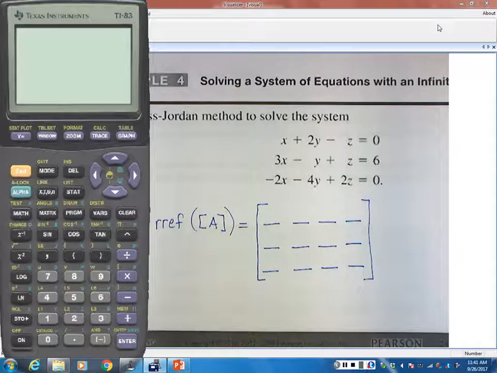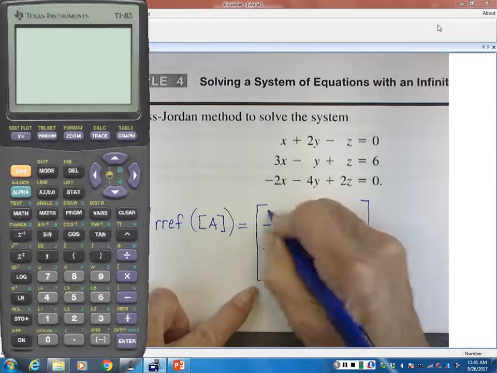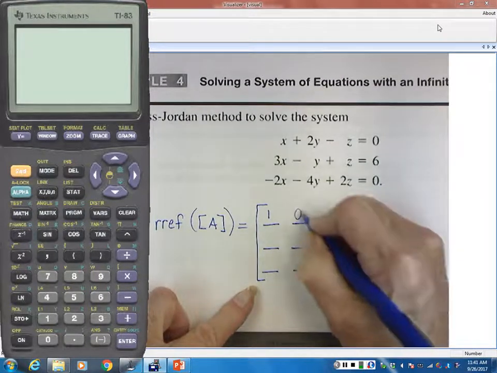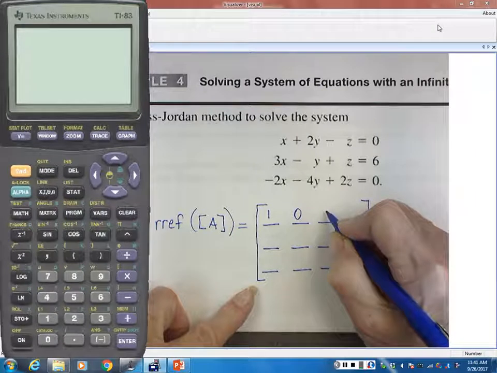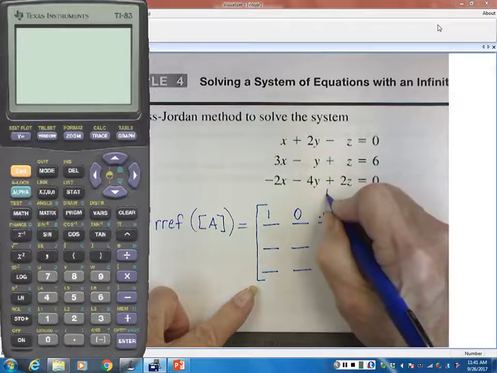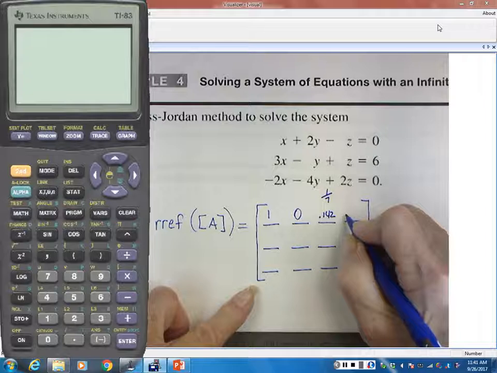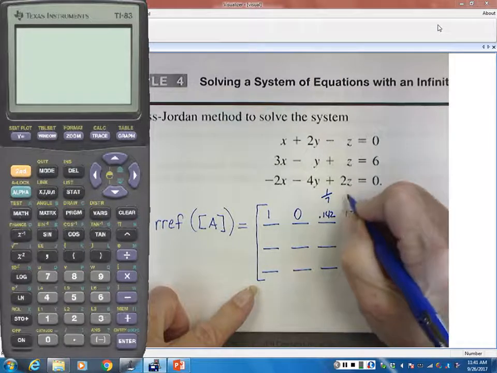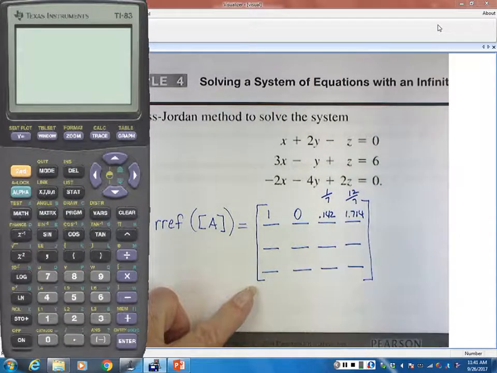Okay, it's 1, 1, 0, and then it's like 0.142857, and then it's 1.714. There's something a little weird going on here, but everybody's getting ugly decimals, y'all going, yeah, I'm getting ugly decimals.